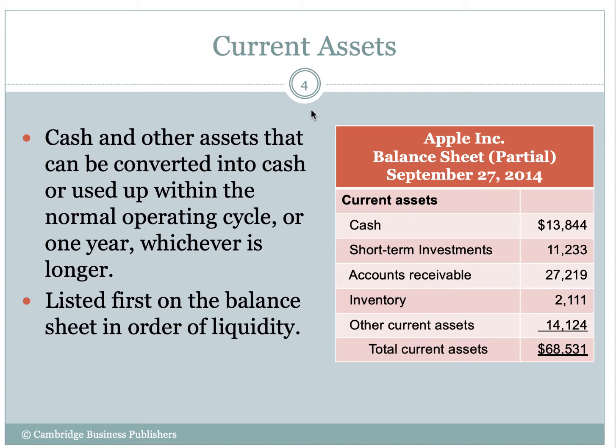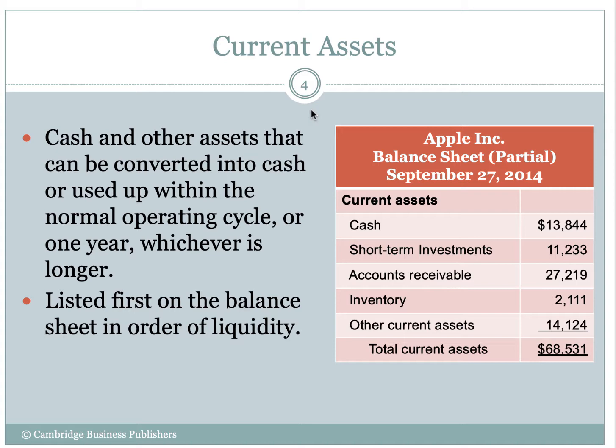So if they extend credit to someone, meaning I'm going to perform a service on account, or I'm going to sell a product on account, those customers are going to fulfill their obligation to pay us, okay?